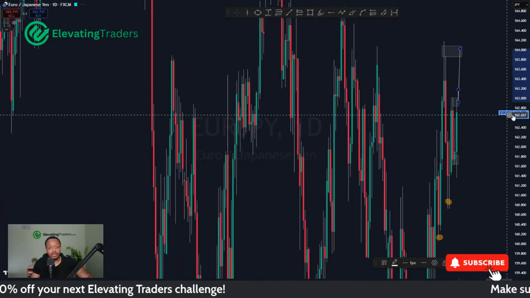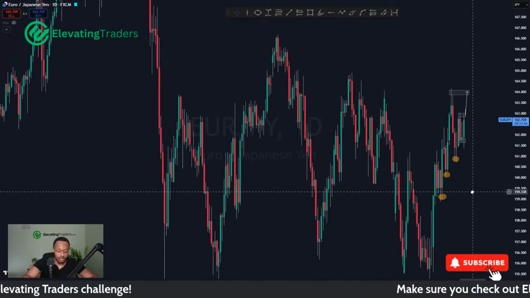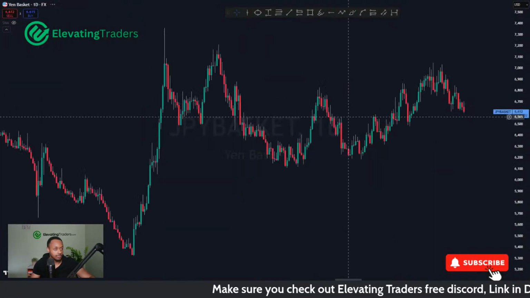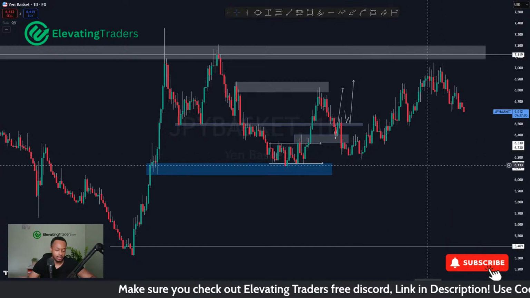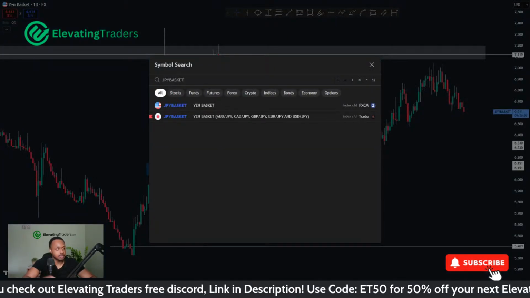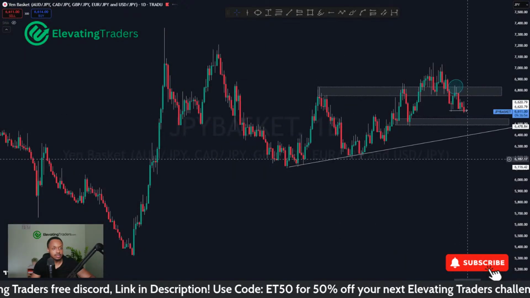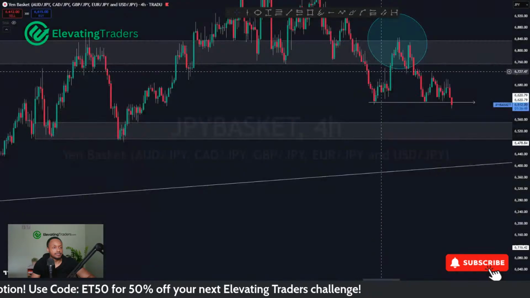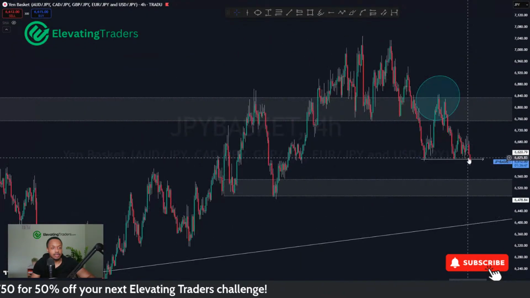But yeah, I think the yen pairs still got some room to the downside. So I'd be careful about selling the yen pairs. Because I do think this support will break.